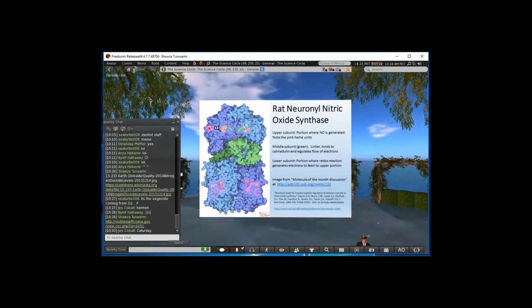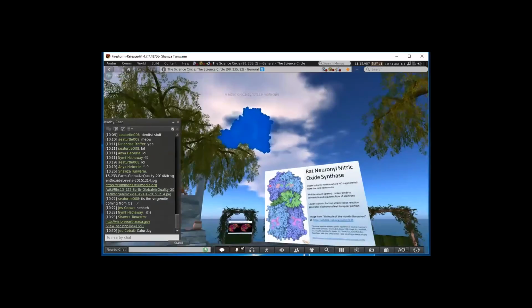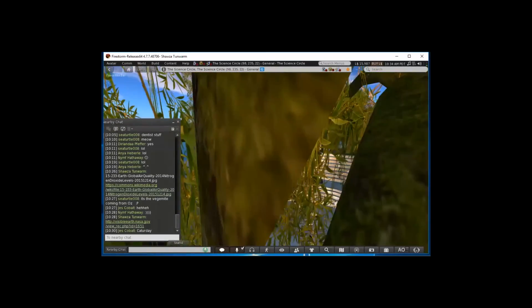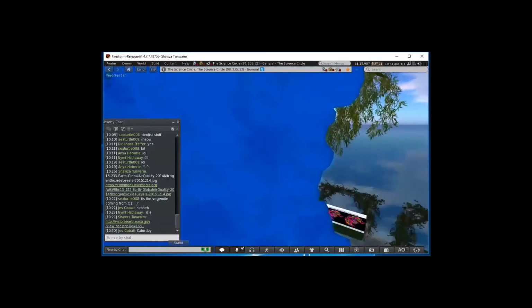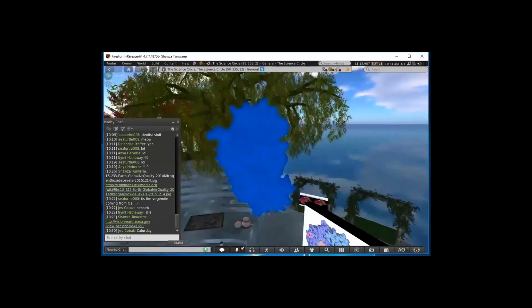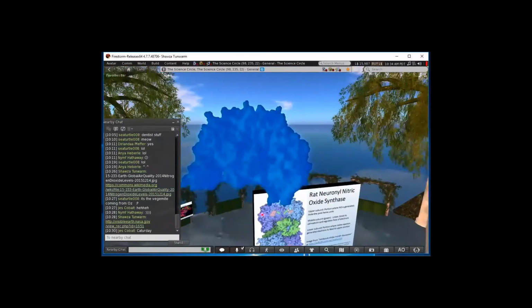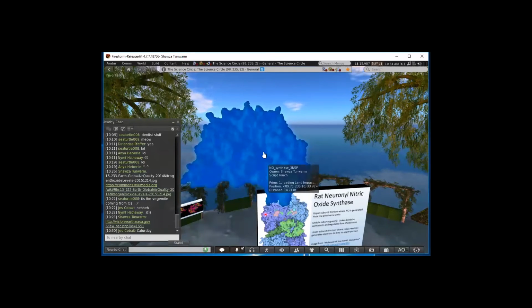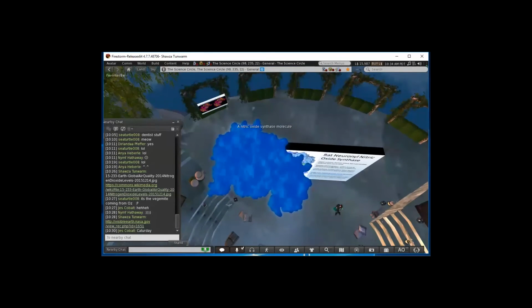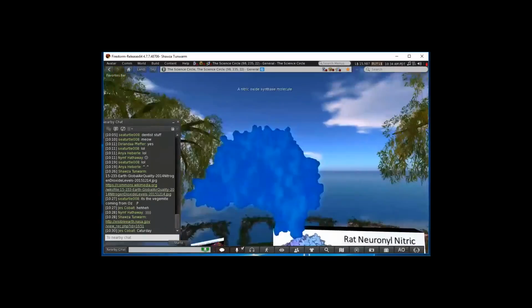And you may have noticed this large thing that looks like a big blue brain hanging over us in the lecture theater. That's a version of a nitric oxide synthase.